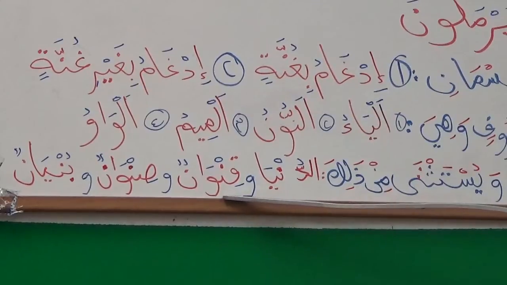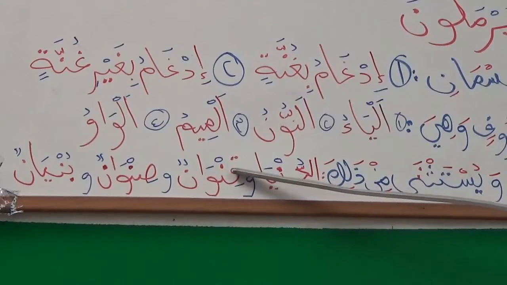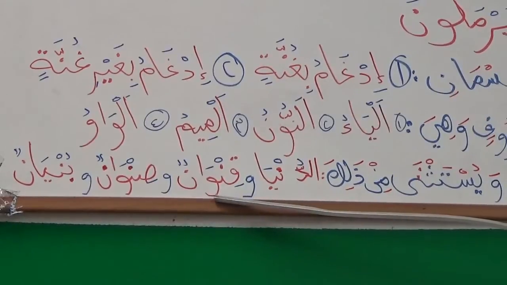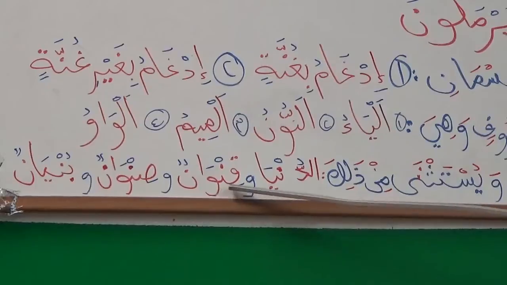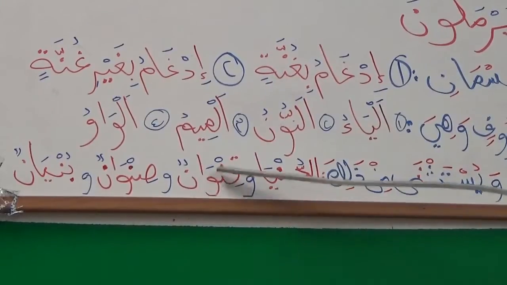Excellent. In Surah Al-An'am, do we have a noon that has a sukoon? Yes. What is it followed by? Waw, which is one of the letters of idgham bil-ghunna. Do we have al-idgham bil-ghunna here? No, and the reason is they're in the same word.